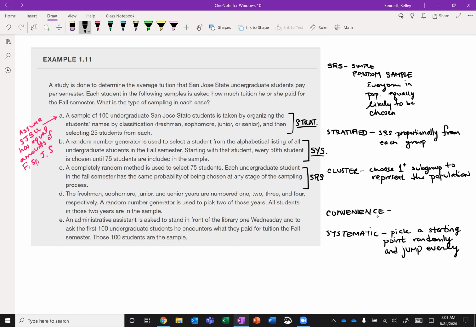And then a random number generator randomly picks 2 numbers from 1, 2, 3, 4. So if you pick 1, 2, that means you're taking all the freshmen and all the sophomores. If it selected 2, 4, you're taking all of the sophomores and all of the seniors. So because we're taking all of one or more particular groups, that means that we are a cluster sample.